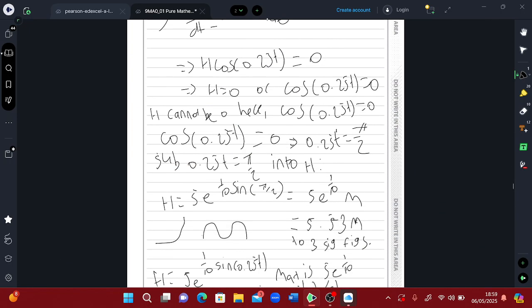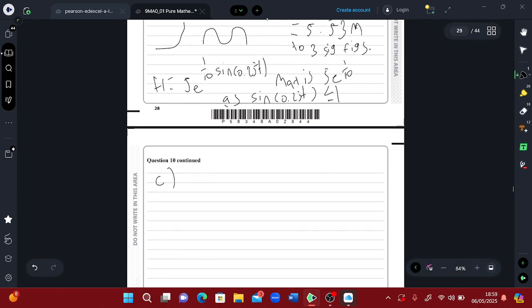So it comes to what we did in part B actually. Part B might be the better way of working it out, because now we can just reuse the working. So we know that H is maximized, or H is 5.53, when cos 0.25t equals, what was it?